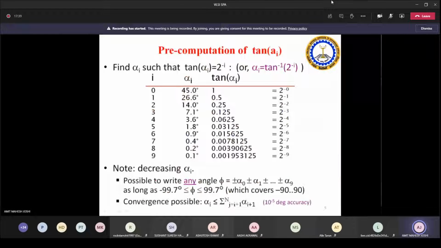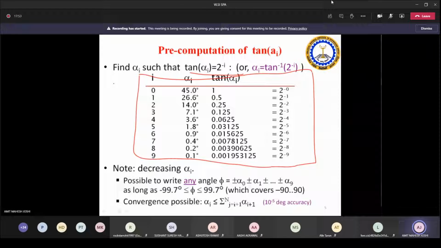Now here we are preparing one table, which we consider a standard one. When I put i equal to 0, then it is 2 raised to 0, that is 1. So I know that alpha i is 45. We just mentioned that tan 45 is 1.